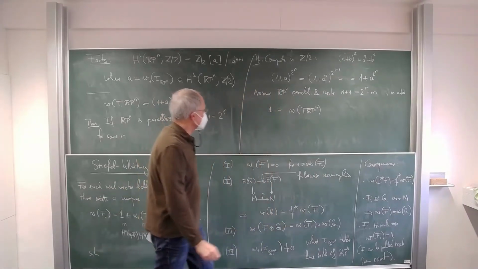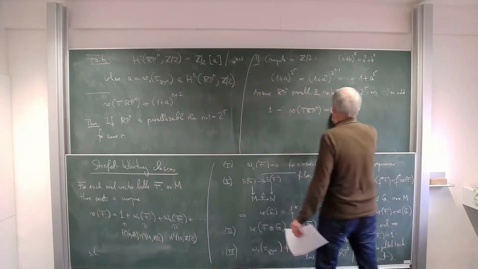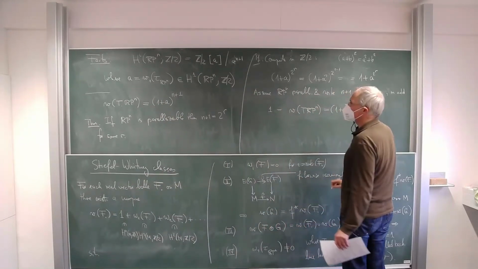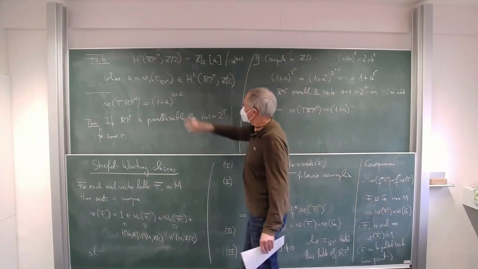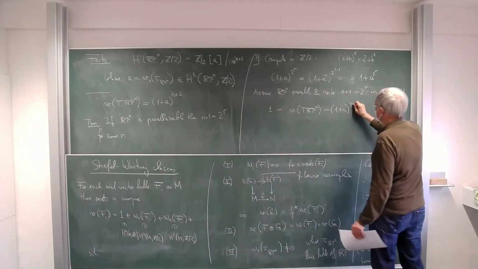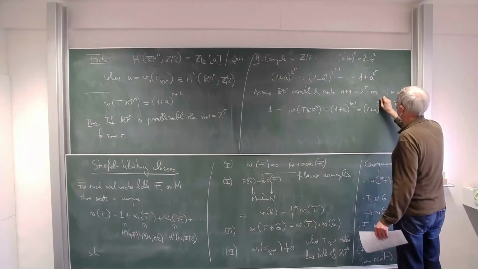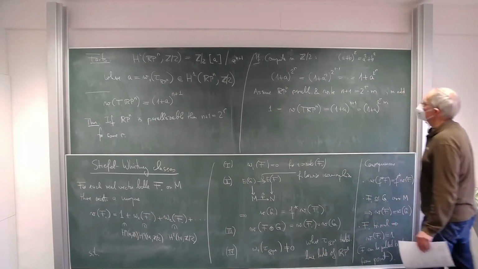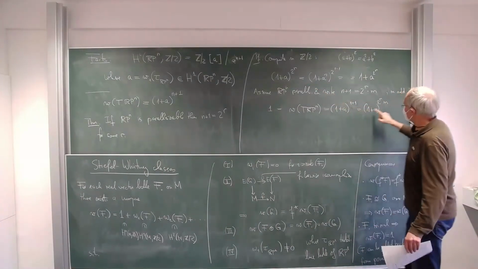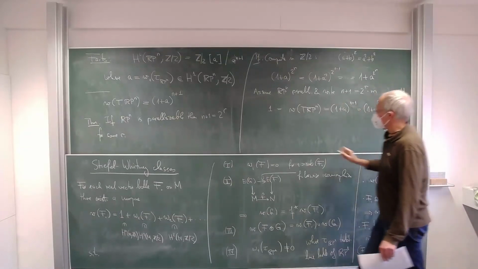On the other hand, the Stiefel-Whitney class is 1 plus a to the dimension plus 1. In other words, it's 1 plus a to this number, 2 to the r times m. And this term, the 2 to the r part, I can rewrite in this form.